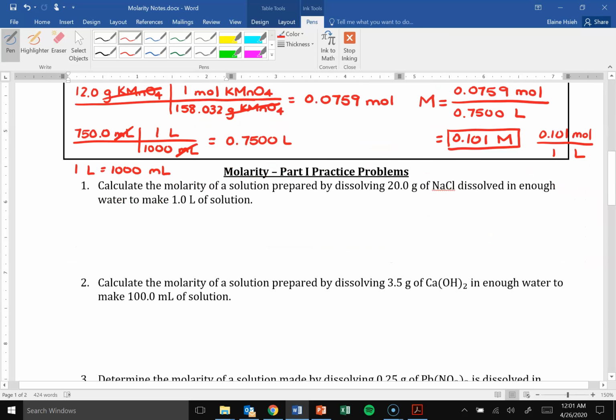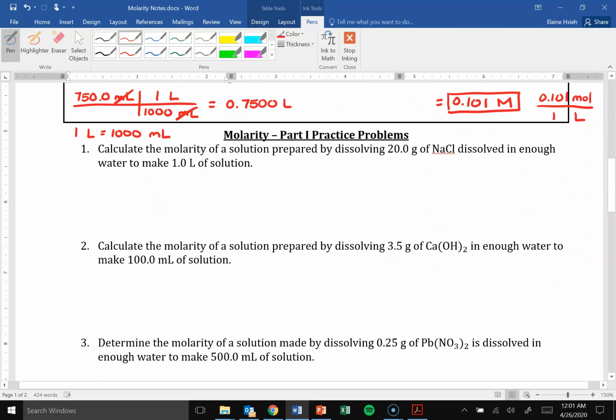Okay, I'll do one more with you. Let's look at number 1 here in the practice problems. Calculate the molarity of a solution prepared by dissolving 20.0 grams of NaCl dissolved in enough water to make 1.0 liter of solution. So again, I'm going to go through and just look at what I'm given.